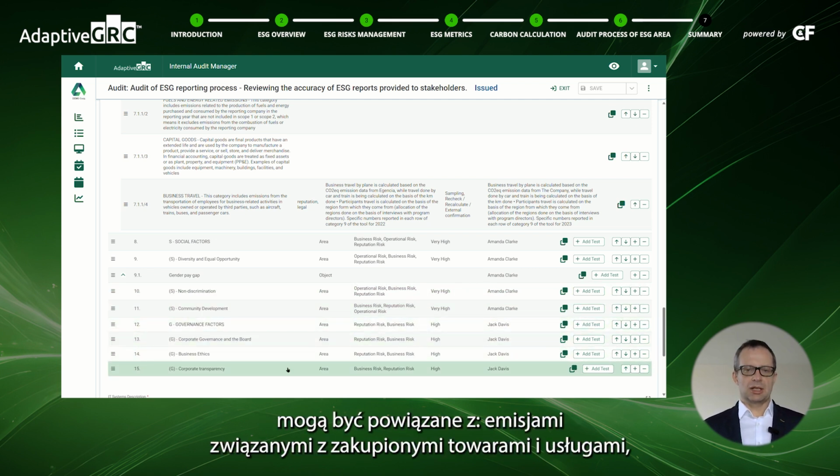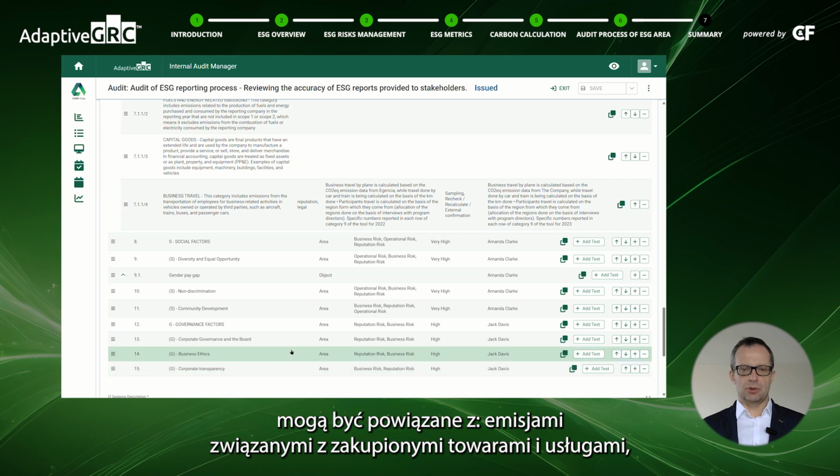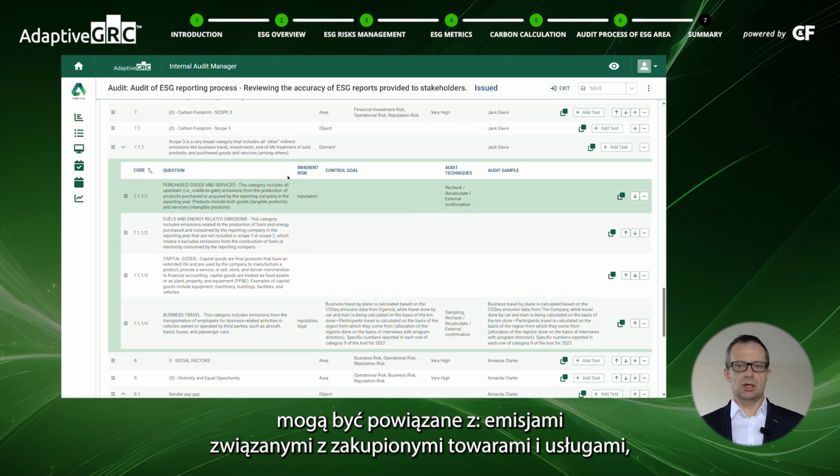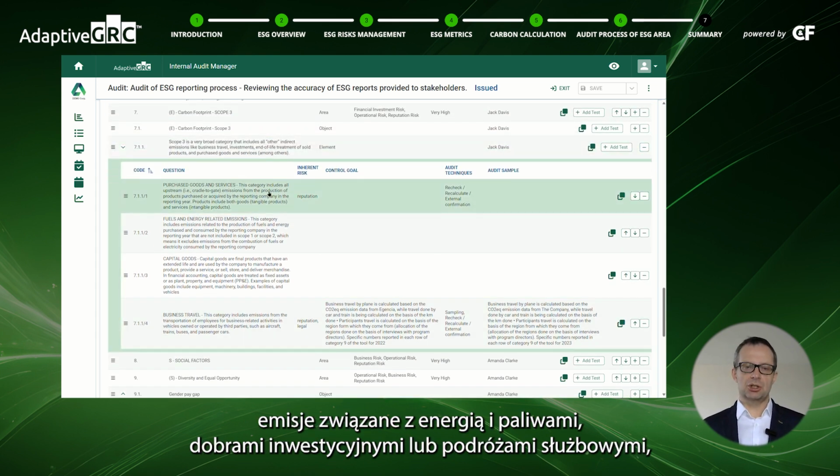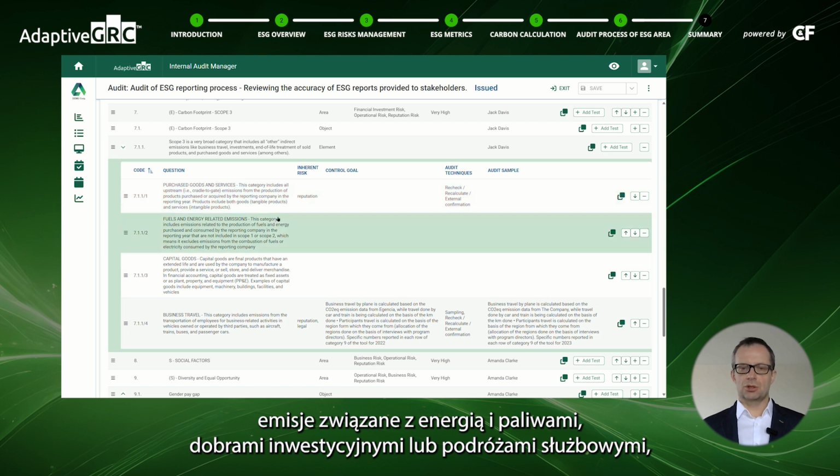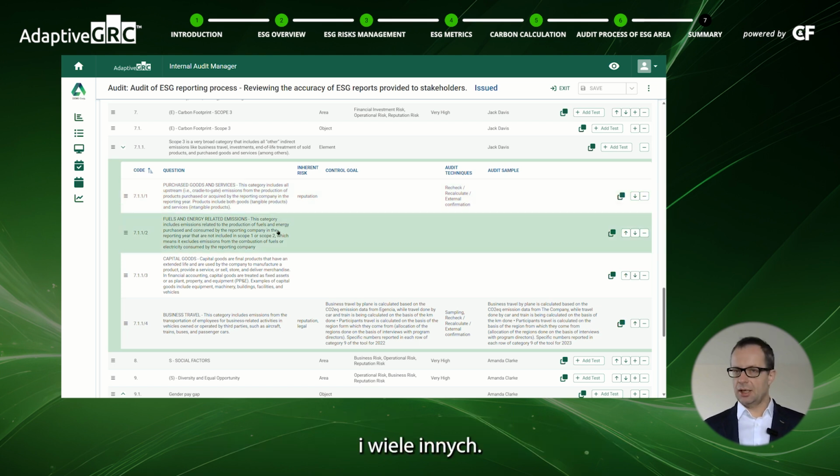Scope 3 emissions data may be linked to emissions from purchased goods and services, fuels and energy-related emissions, capital goods or business travel, and any others.